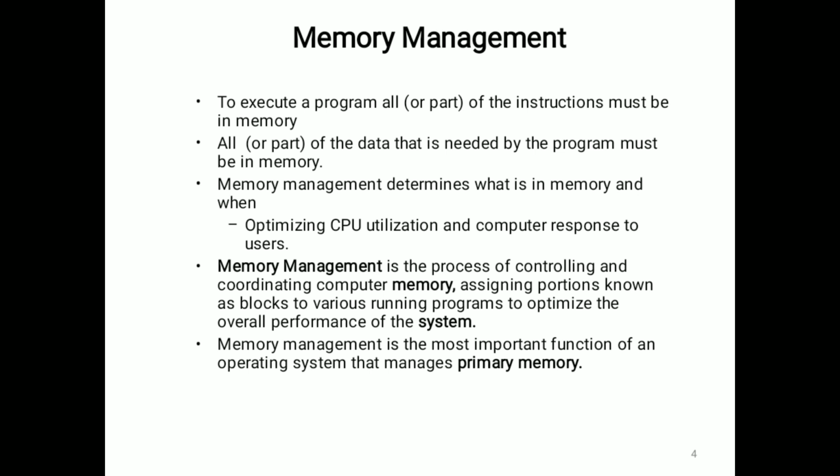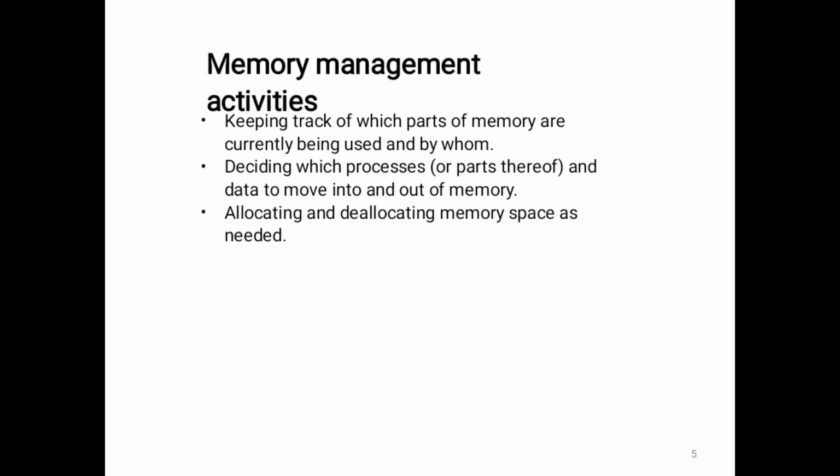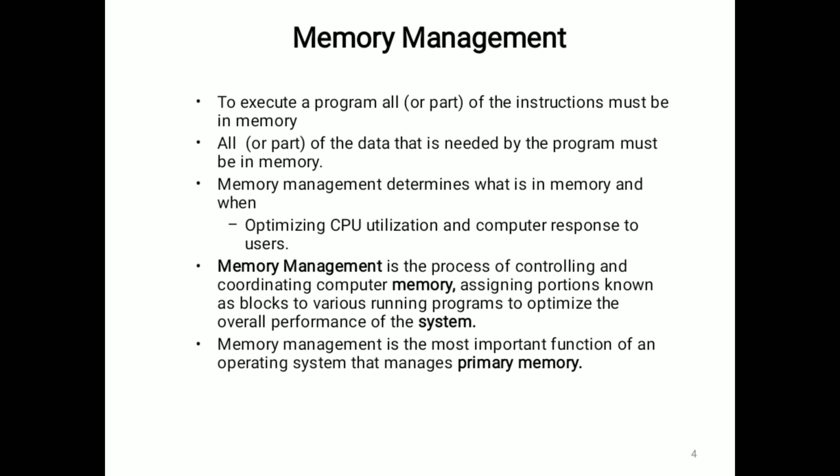All or a part of the data that is needed by the program must be in memory. Whatever data is needed for the program's execution must be in memory first. To execute a program, we need some resources and some data, and this is to be provided by the operating system.